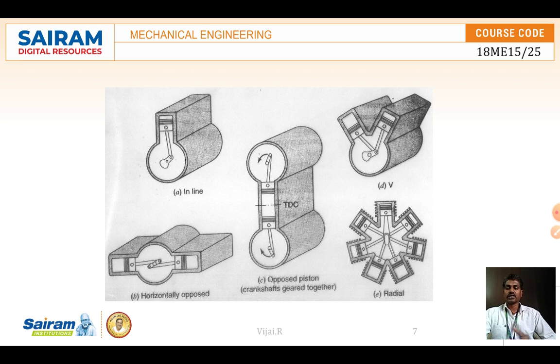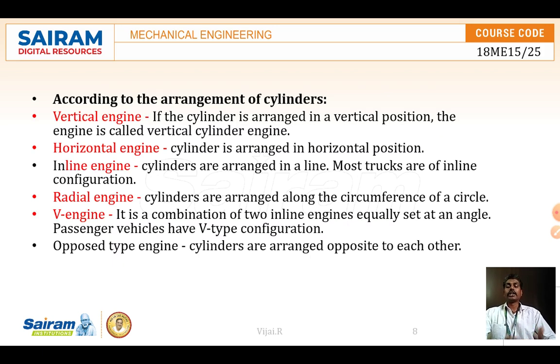Sometimes two cylinders can be arranged in opposite directions, when suction is taking place on one side and compression on the other side, because the piston movement will be in opposite directions. And in the V type, you can see two cylinders arranged at an angle. So when the crankshaft rotates, the piston movements in the two cylinders will be in different positions. That is called a V cylinder. And a radial cylinder, and horizontally opposed cylinders. These are some types of classification according to the arrangement of cylinders.